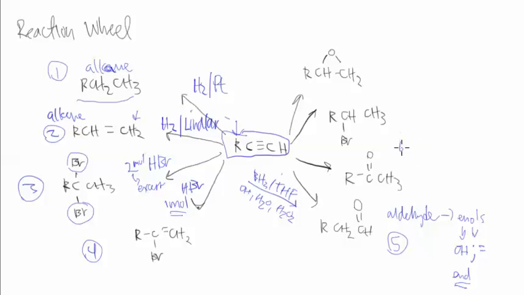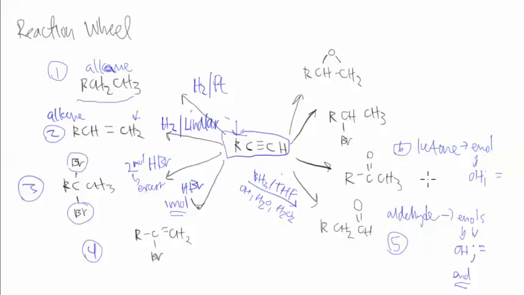Okay, well, what about number 6? Number 6 is very similar, but it's a ketone, not an aldehyde this time around. In the aldehydes, the double bond O is at the end, and in the ketones, the double bond O is in the middle. So with the ketones, it's kind of the same thing. I need an enol here, and that enol requires an OH and a double bond.